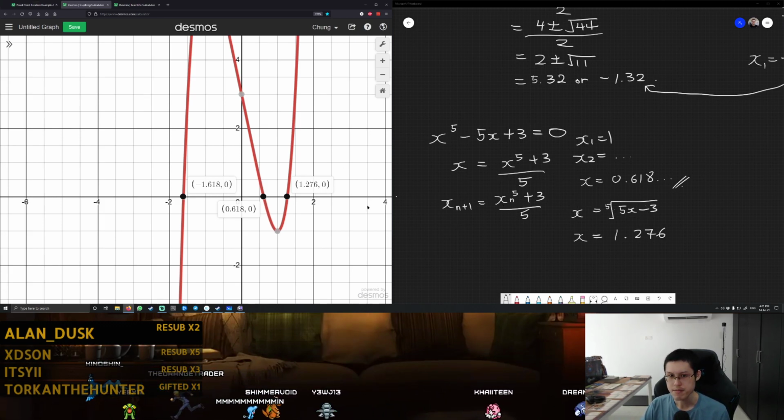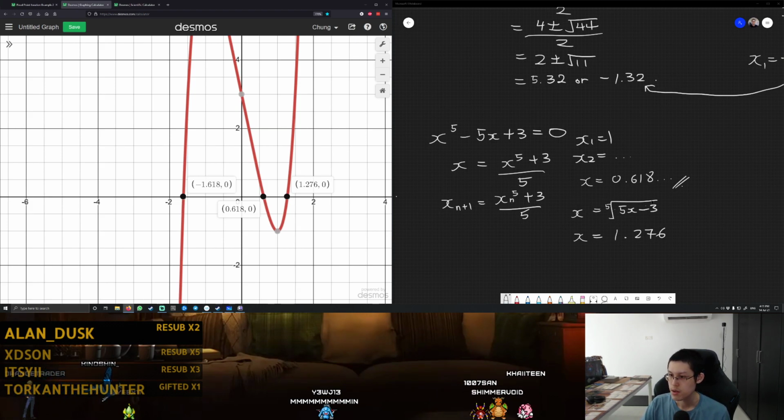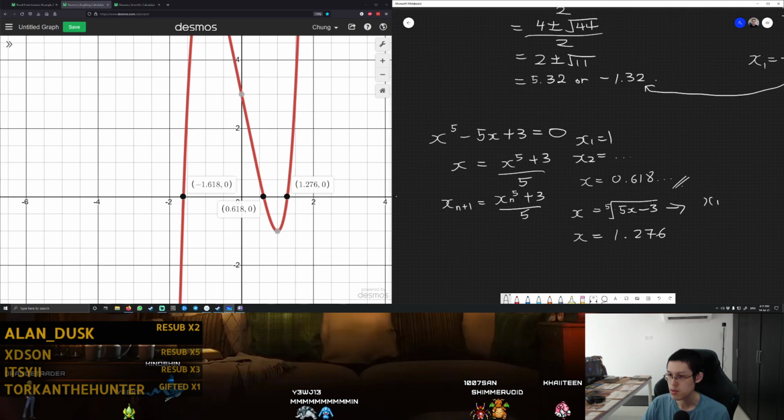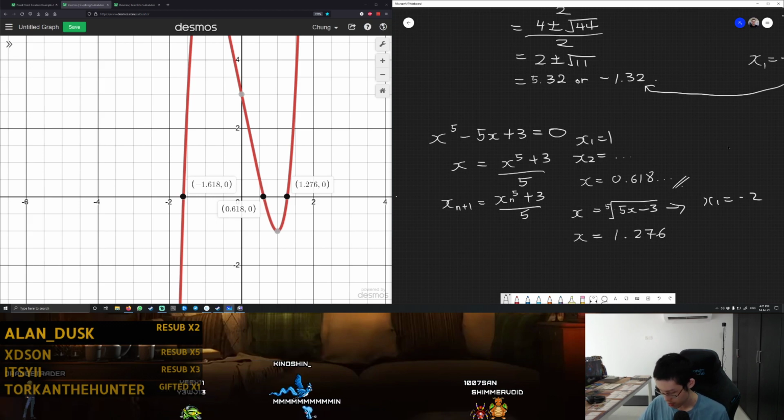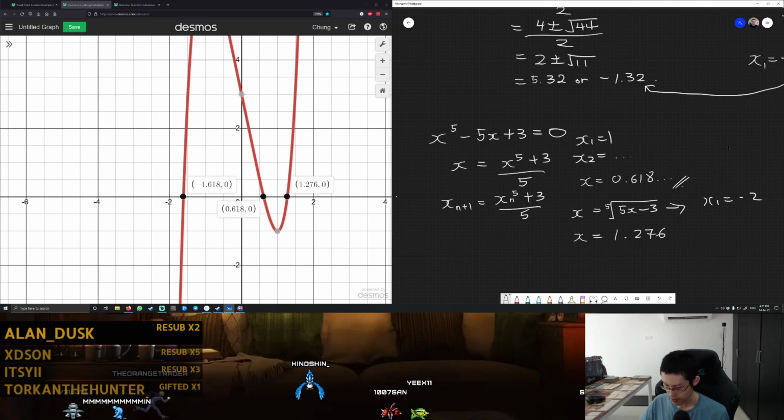Okay, anyway, to find this root, we need to pick something closer to this root here. So let's say we start with -2. We're going to start from here, say x_1 is -2, and see whether that converges to our new root. The 5th root of the answer minus 3.